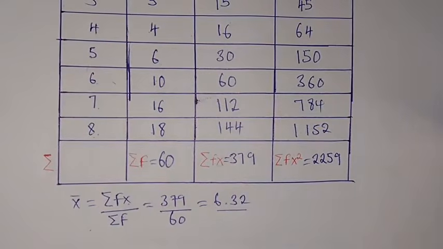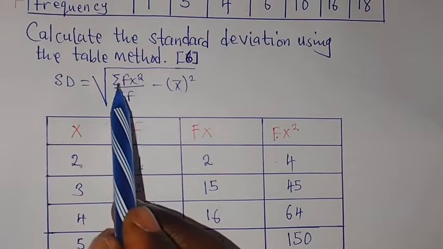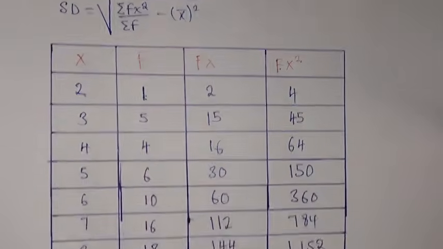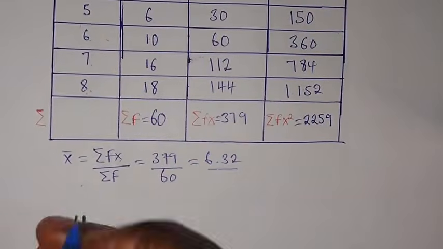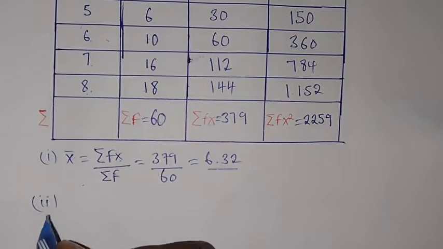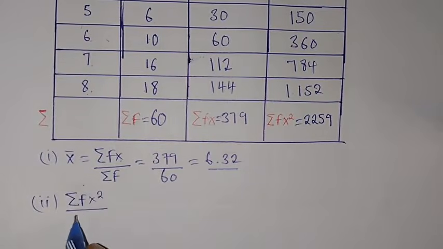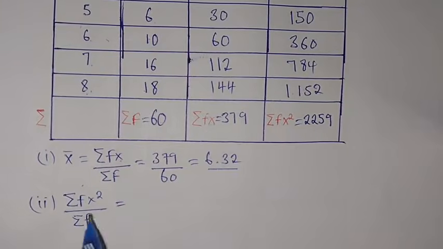After finding the mean, again we can come back to the table. We can now find summation of fx squared over summation of f. That is what we are going to find. So we label this as 1. Summation of fx squared divided by summation of f.